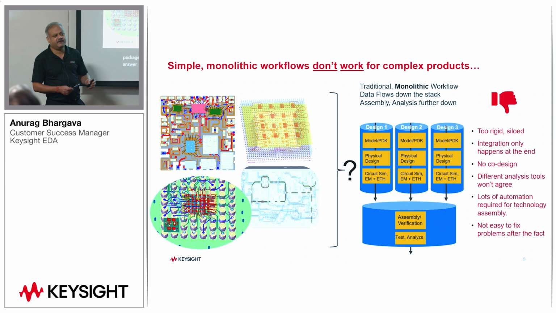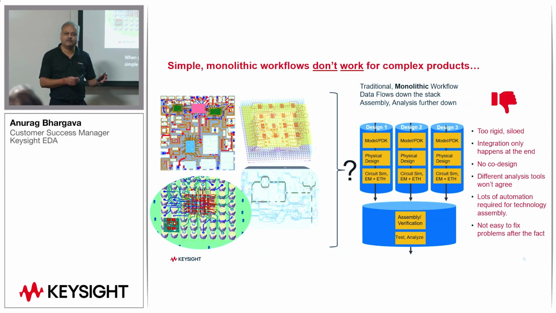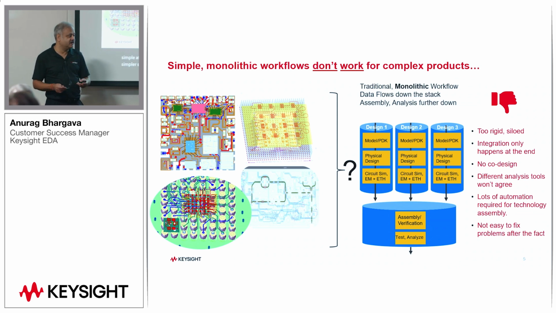Now, if you think about 5-10 years ago, when you were doing relatively simpler systems, and when I say relatively, it doesn't mean it was simple at that time, but if you look back from now, there were far simpler systems 10 years ago than what we are doing today and what the future is bringing in terms of 6G, autonomous driving and whatnot.